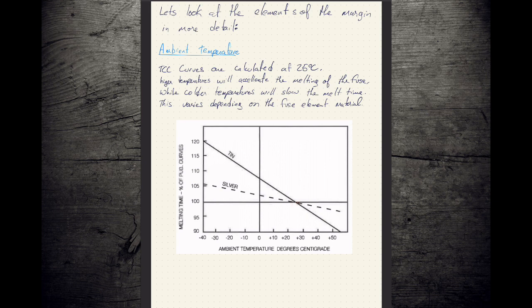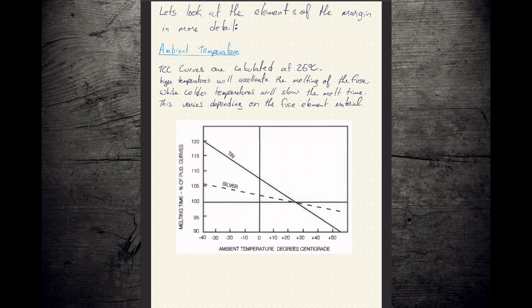If we heat that thing up to 50 degrees Celsius, which is not that hard to hit if you're baking in the full sun, certainly the air around it wouldn't be that hot, but if you're sitting there baking in the sun, you can certainly reach these temperatures. You could see that you're going to melt at only 90% of your rating, so you could be going 10% fast. Silver, you see, is much less affected by that.